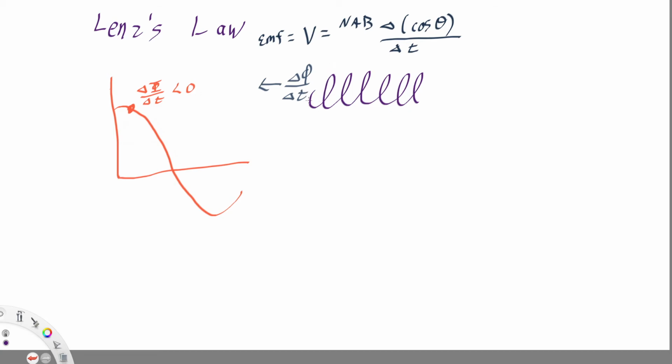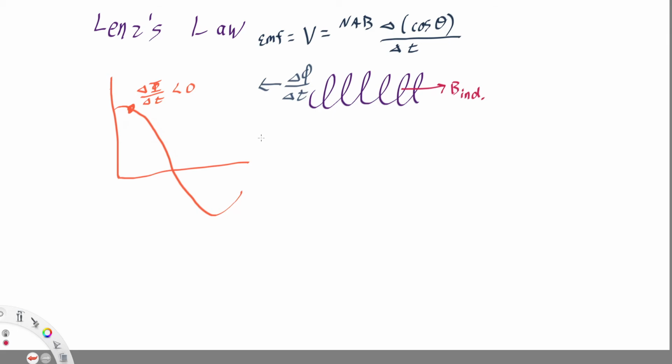Because if we have a current going through one of these coils, we're going to make a B field, right? So if our change in flux is to the left, and that's creating a current, the current that is created is going to make a magnetic field that points to the right. What direction does the current need to be to make a B field that goes to the right?